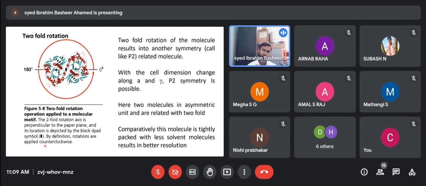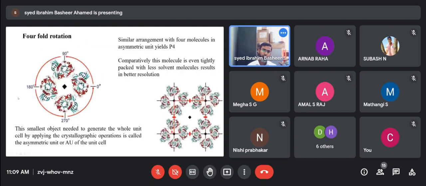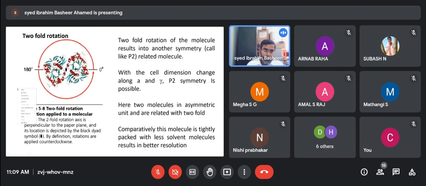This is an oval shape, and it indicates two-fold symmetry.